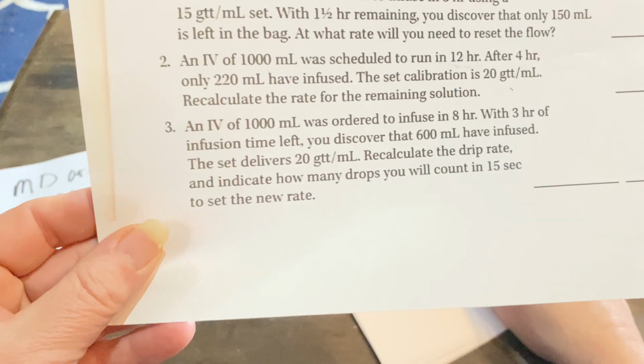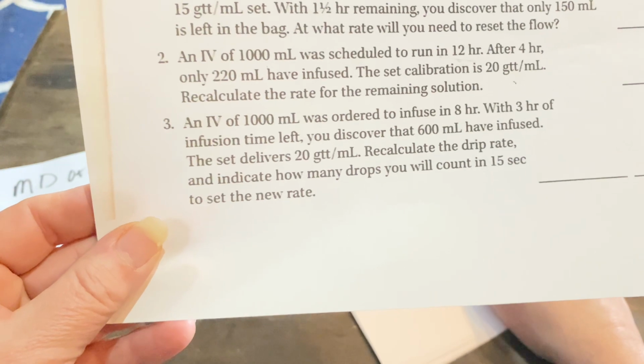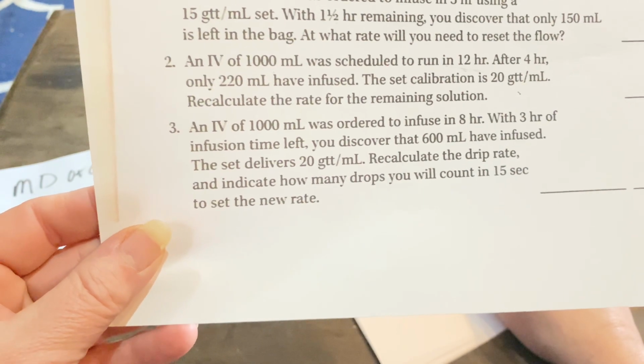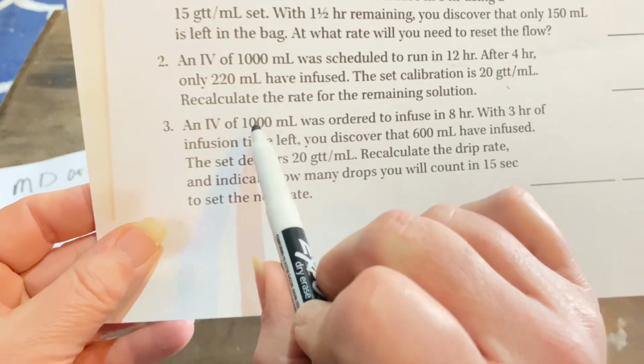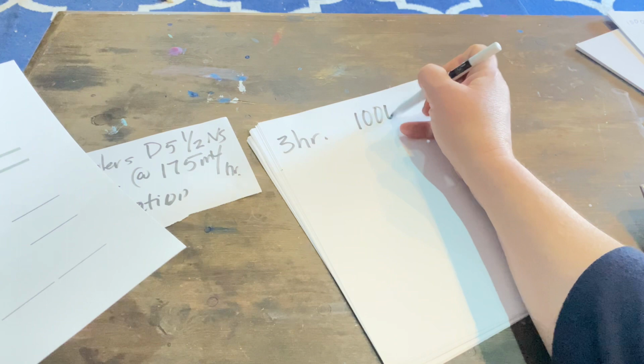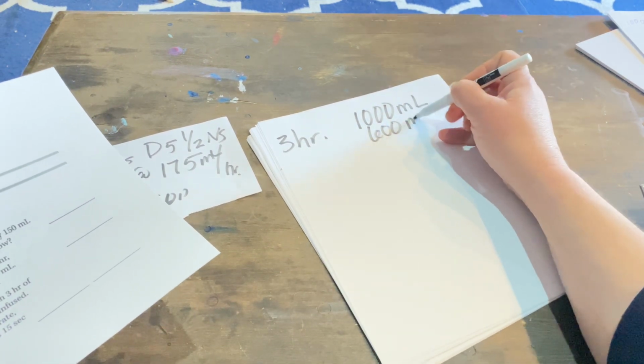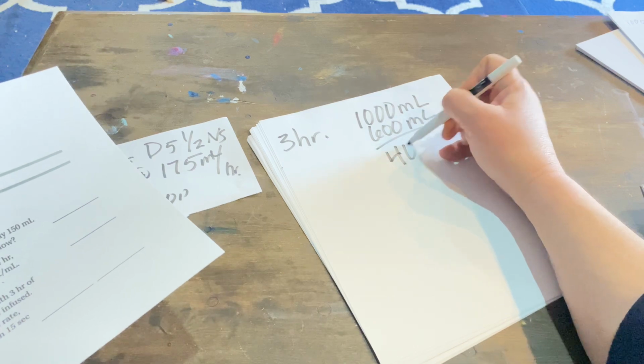You discover that 600 milliliters have been infused. So that's what's given out of the 1,000. So we have to take 1,000 milliliters and subtract 600. And so now we have 400 milliliters we're responsible for.